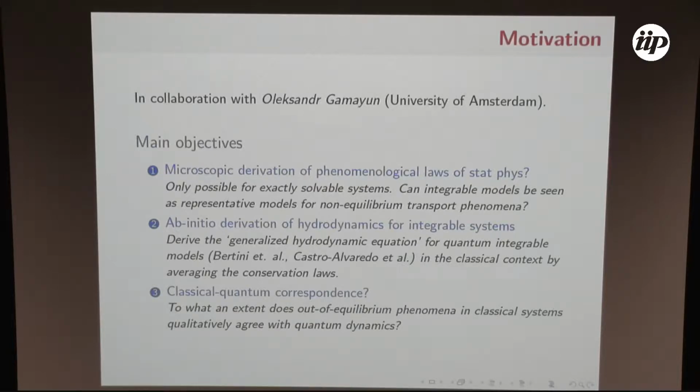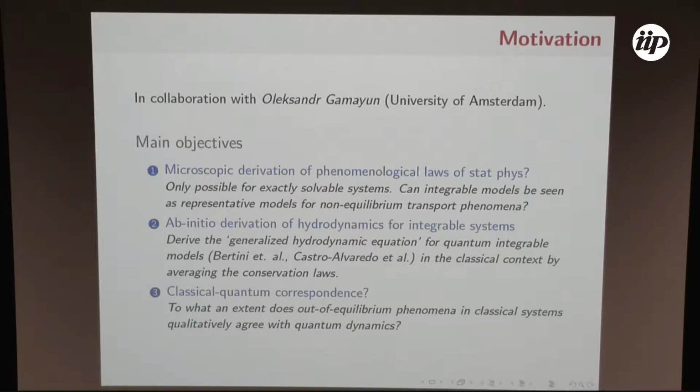So this explains why we would like to understand how these things happen in exactly solvable models. In particular, it's a good question whether one can see integrable models as representative models of various non-equilibrium transport phenomena which occur in many body systems, ranging from ballistic transport, which we've seen already, to normal diffusion or anomalous diffusion and things like that.